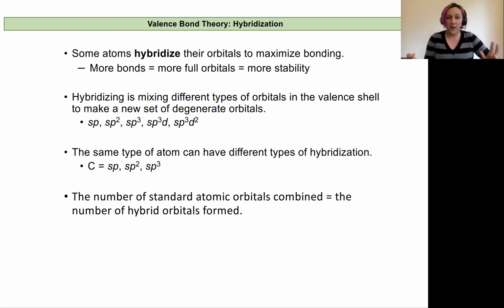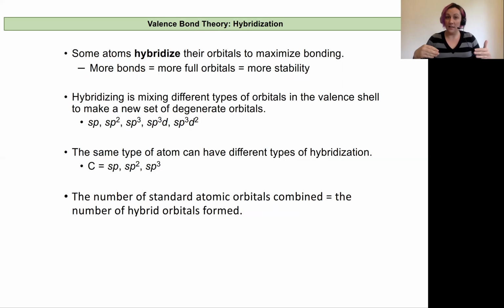So some of our atoms will hybridize their orbitals in order to maximize stability in bonding, right? The only reason this happens, the driving force, is to lower the energy of that atom to create a more stable arrangement. We're assuming that everything is going to defer to the lowest possible energy level. And so things will occur to make that happen.